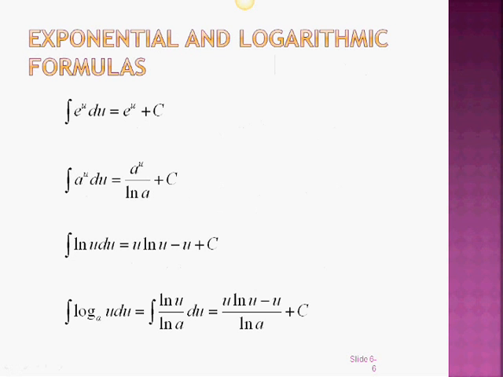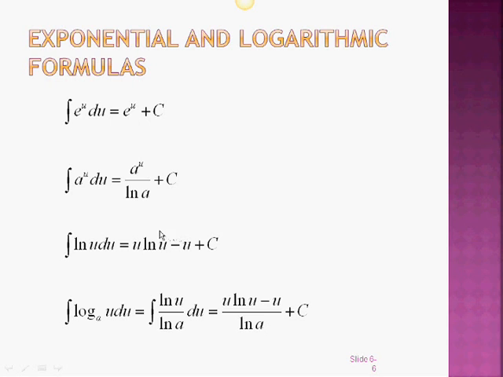Exponential and logarithmics. Nice. e is really nice because we knew that the derivative of e to the u was e to the u, so the antiderivative of e to the u is e to the u. The antiderivative of a to the u is a to the u over the natural log of a. The antiderivative of the natural log of u is u natural log of u minus u plus c.